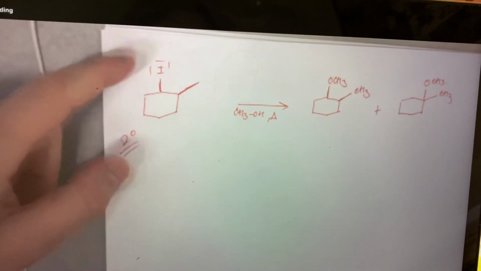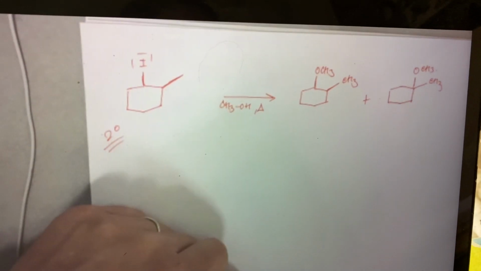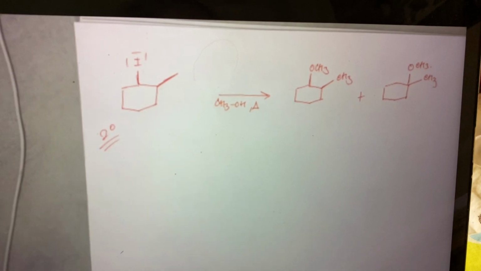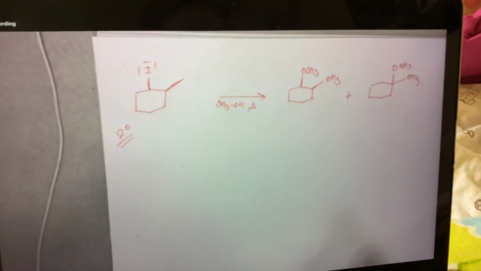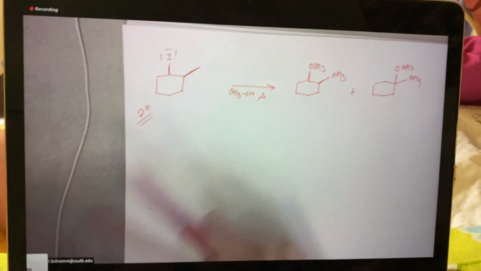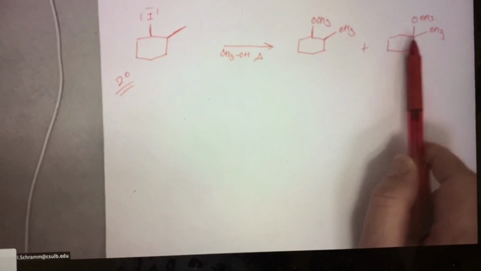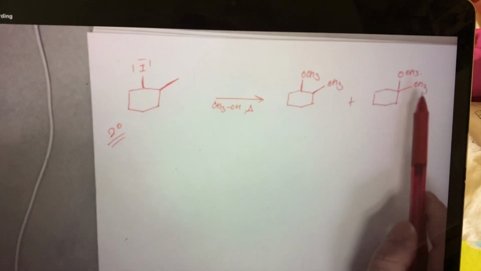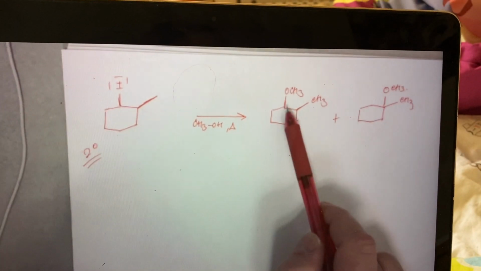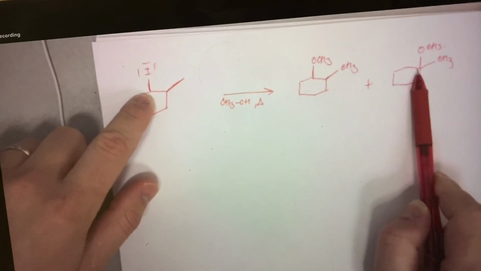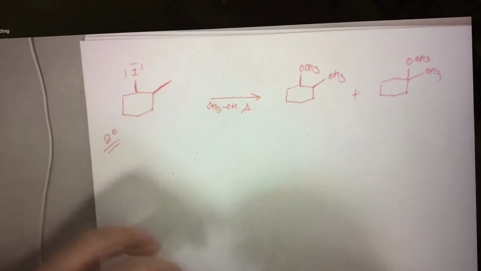Leaving group's great. Solvent's bad. Not a good nucleophile. And we see a mixture of products. All these things tell us that we have a carbocation reaction or an SN1 reaction. Bad solvent, weak nucleophile. We have products where we have skeletal rearrangement. The alcohol or the ether that we're making definitely forms right where we would expect it. Then it's in an unexpected place. There's been some sort of skeletal rearrangement.